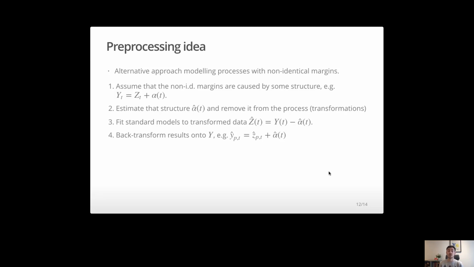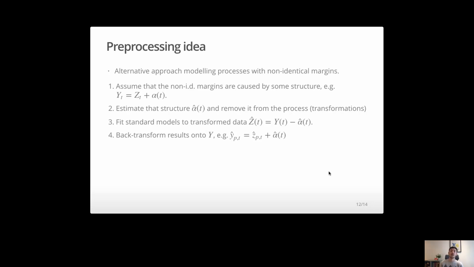So in this case, we're just going to subtract off the estimated mean trend. What this gives us is a transformed set of observations, z hat of t, and we can use all of our existing methodology to fit a model to those transformed observations.